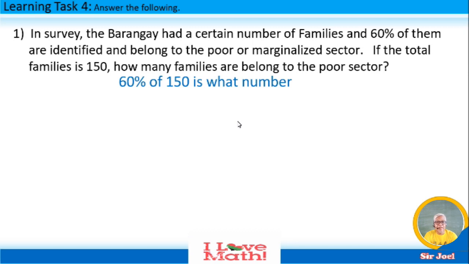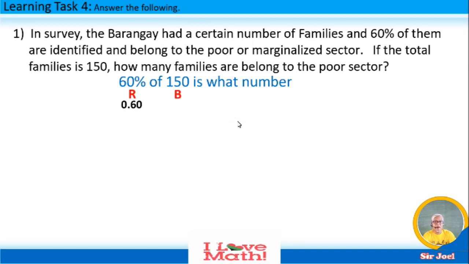Okay? At dahil siya ay 60% of 150 is what number, kagaya ng ginawa natin doon sa ating mga naunang topic or discussion kanina, 60% is the rate. Tama? Dahil meron siyang percent symbol or sign, which is equivalent to 0.60. And after the word "of" is the base.